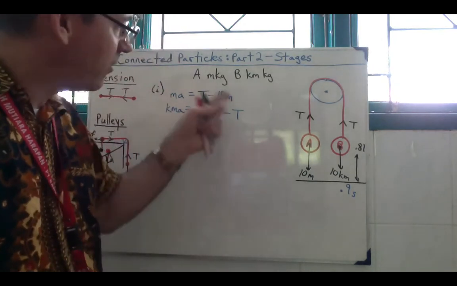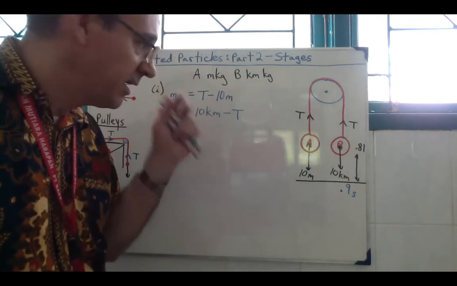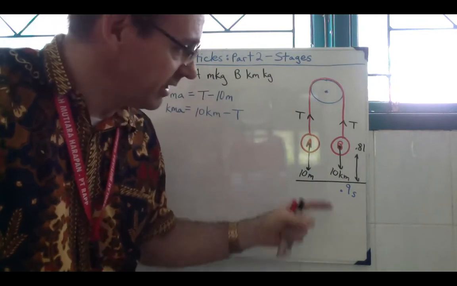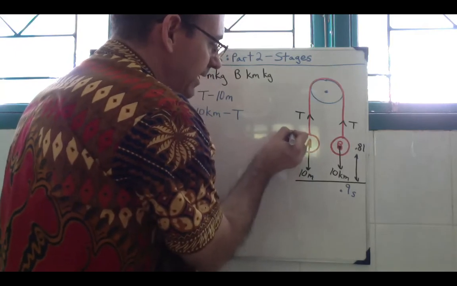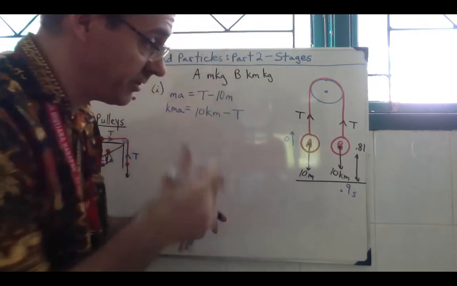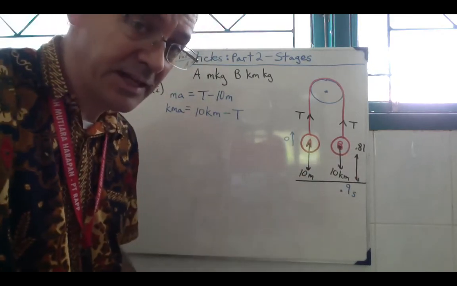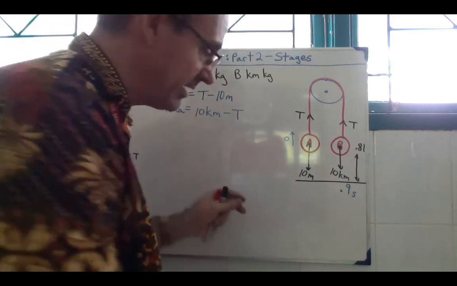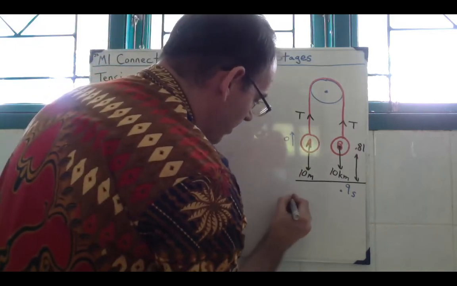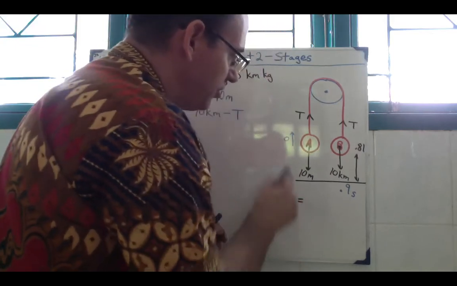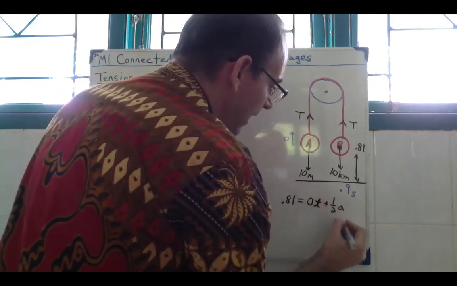Acceleration is not only in Newton's law and net force, but it's also in SUVAT. So let's see what information we have over here. This was released from rest, meaning this has an initial velocity of 0. We have 0.81 distance, and we have time. So let's see if we can find acceleration from there. 0.81 distance equals ut, 0t plus 1/2 at squared.